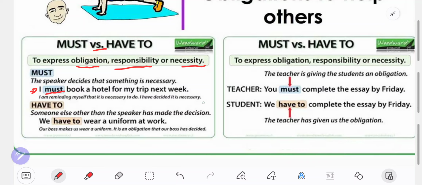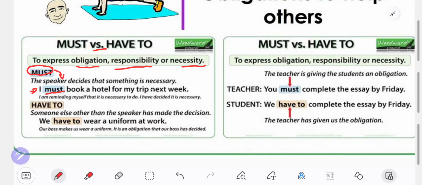Must, the speaker decides that something is necessary, from you to you, from I to me.